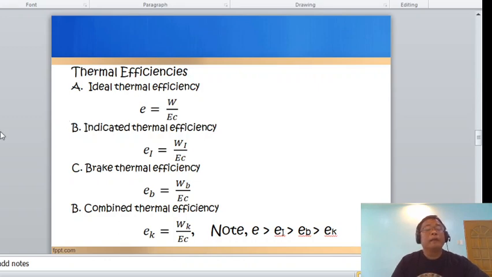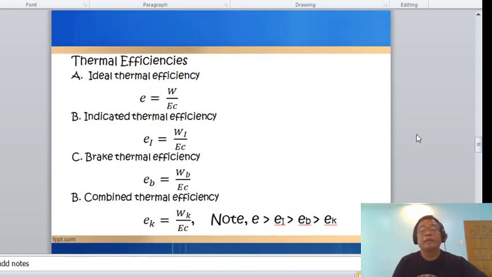Brake thermal efficiency is the brake work over the energy chargeable. And the combined thermal efficiency is the combined work over the energy chargeable. Take note, class, that the ideal thermal efficiency is greater than the indicated thermal efficiency, greater than the brake thermal efficiency, and greater than the combined thermal efficiency.